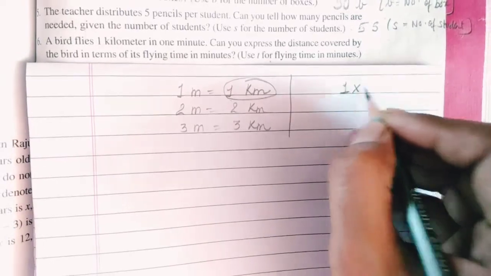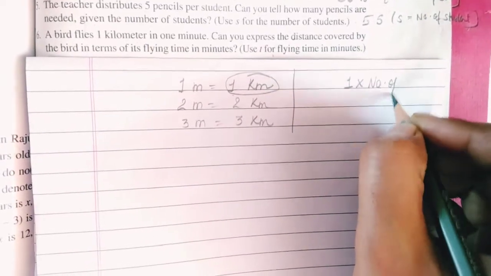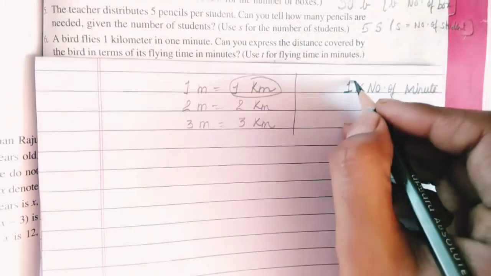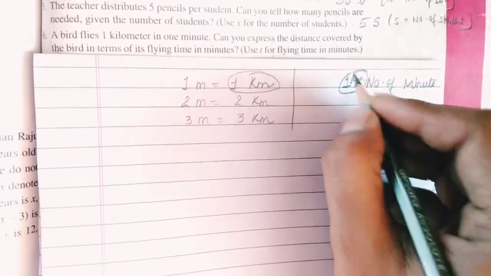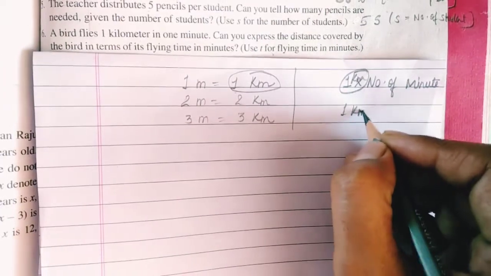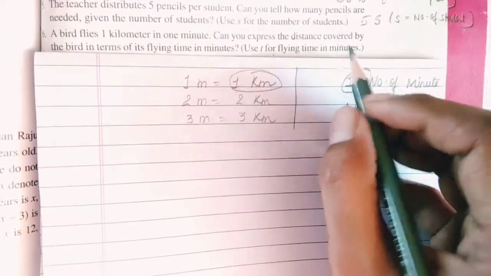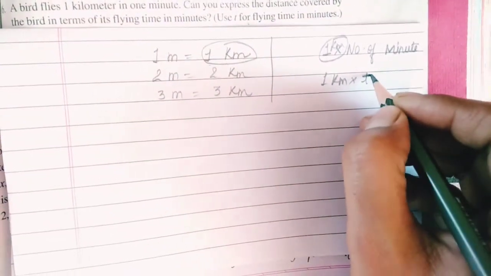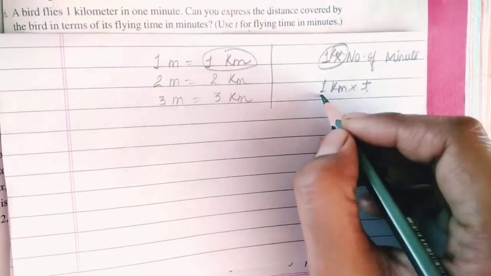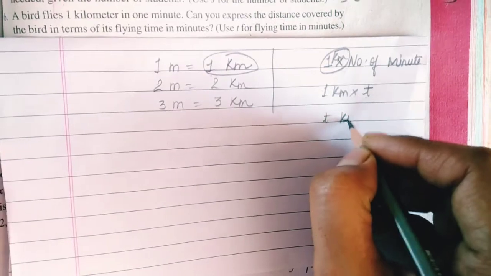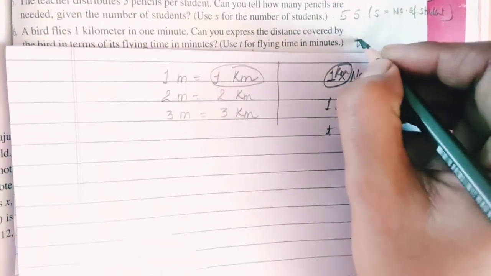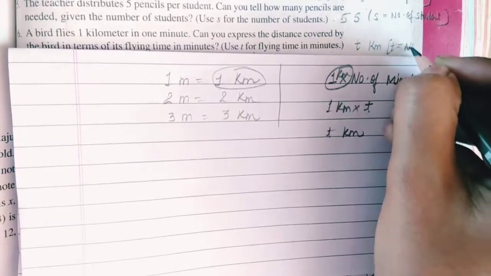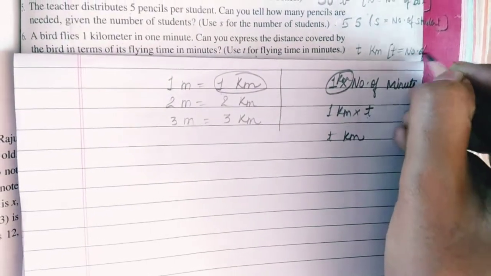So this 1 will be multiplied by the number of minutes, which is shown by T. So 1 times T is T. The answer is T kilometers, where T is the number of minutes.